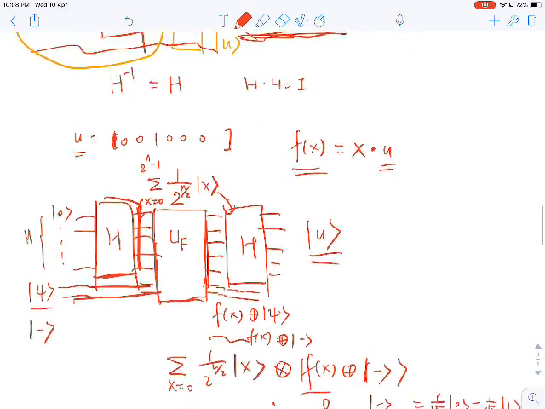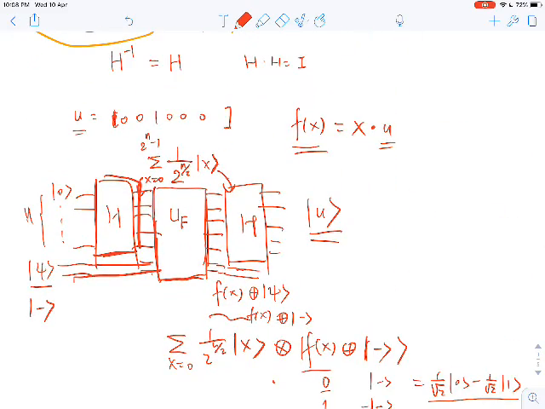In this part we found the quantum algorithm is much more efficient. We just used 3 quantum gates to solve the problem, and it's much faster, and the number of qubits is also exponentially efficient.